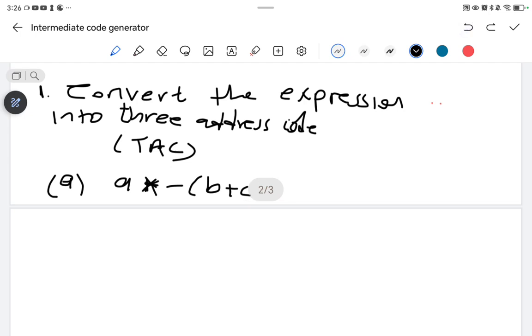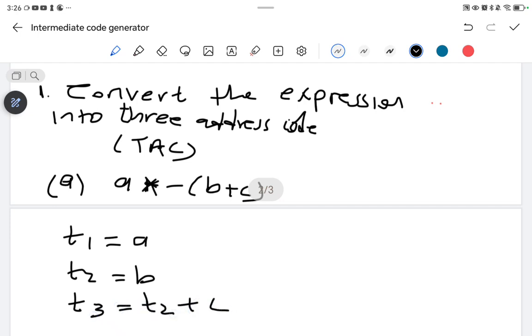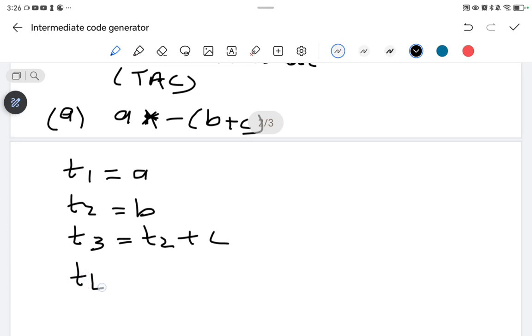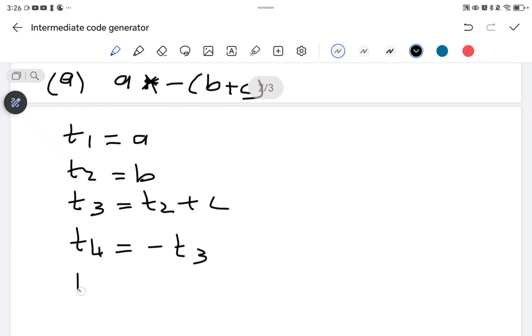You can say T1 is equal to A, T2 is equal to B, T3 is equal to T2 plus C, T4 is equal to minus T3, and then T5 is equal to T1 times T4, which is very much possible.